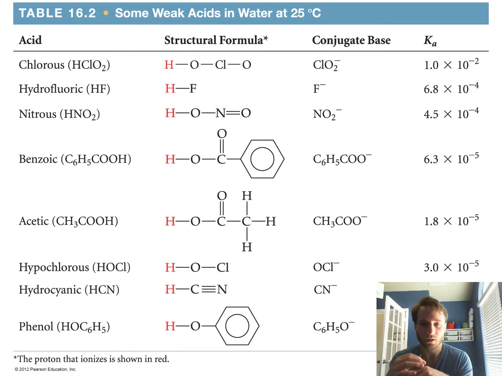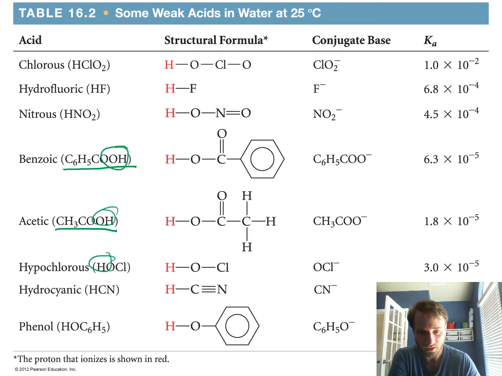So what are some of our weak acids? There are a lot of weak acids. Anything that's not a strong acid is a weak acid. Here I'm giving some examples, many of them carbon-based acids, alcohols, and things of that nature. Things like benzoic acid and acetic acid, which we'll deal with a lot, are often written with an OH at the end.